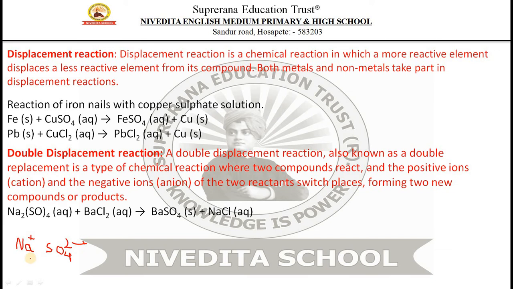If you remember, in 9th standard 3rd chapter, I told you to remember that particular table of ions and their charges. So this is the same thing. Sodium sulfate contains sodium ion, a positive ion, that is a cation, and sulfate, a negative ion or anion. In the same way, if I come to barium chloride solution, what do we have?